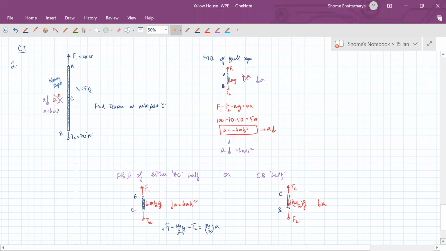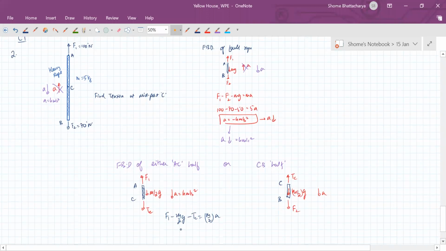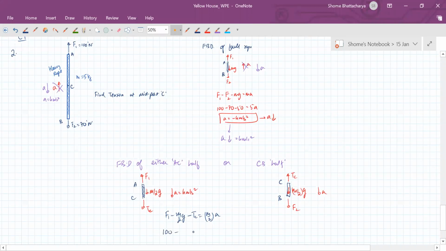So F1 was 100 newtons, half the weight is 25 newtons because the weight was 50 newtons, right? Minus this unknown tension should be equal to, oh sorry, it's downward, my mistake. The acceleration is downward, so the net force should be taken in the downward direction. So it's the half weight plus this tension minus F1.